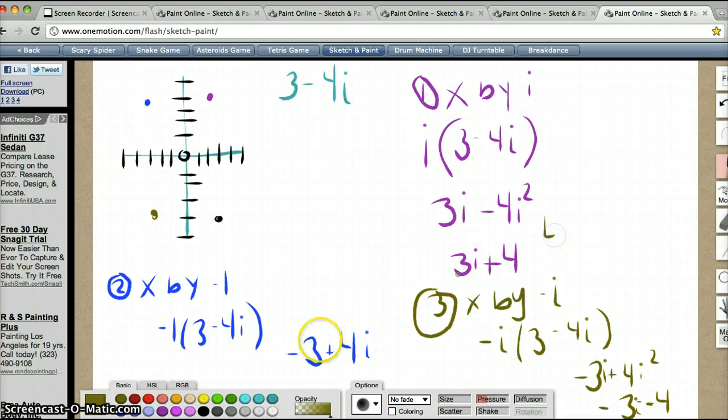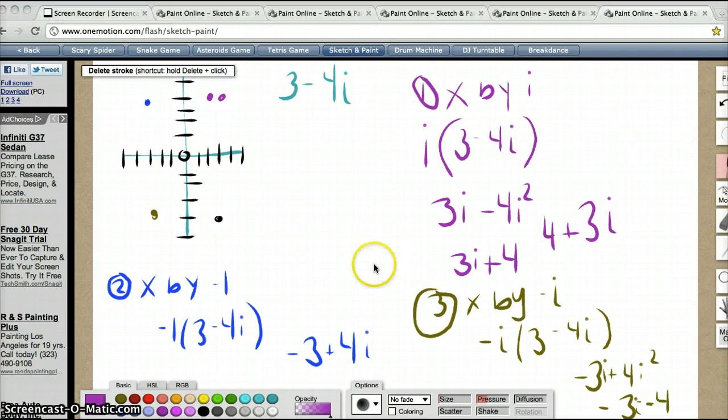So it should have read 4 plus 3i because it's a plus bi. So we're going to go over 4 on our x-axis and up 3.